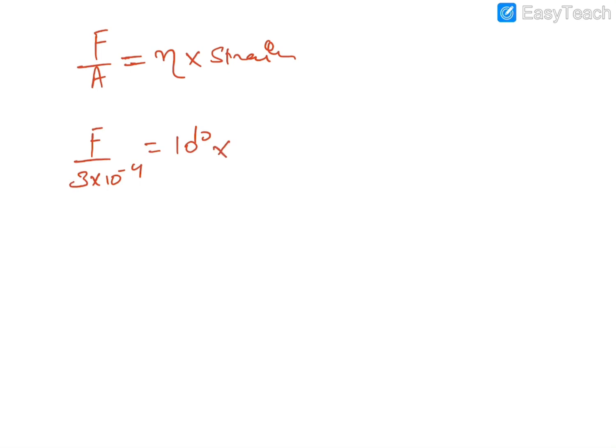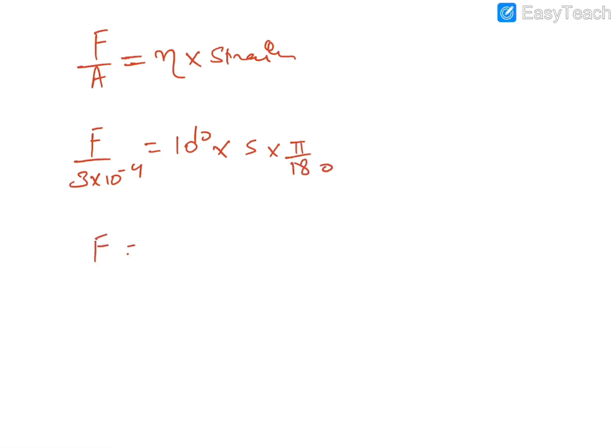You should always remember that when shear strain is given in degrees, you have to convert it into radians. So to convert it into radians, we have to multiply it with pi by 180.